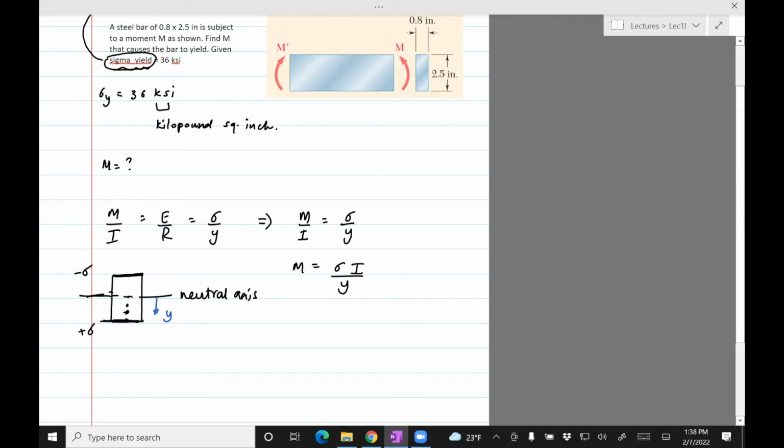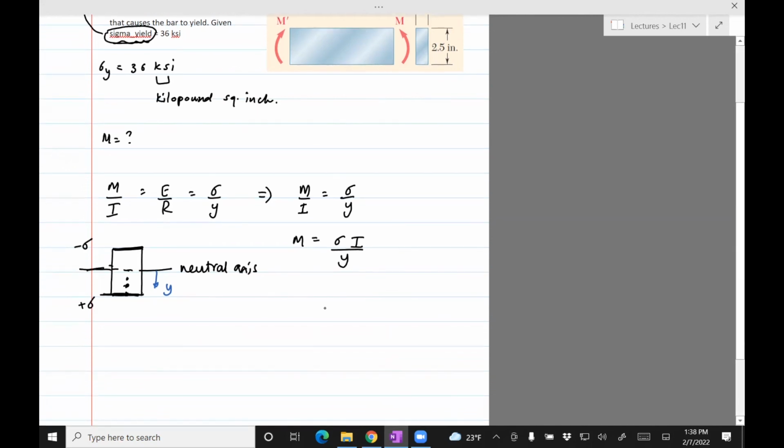Here, since you're not given anything about that property, whether it's the compressive yield strength or the tensile yield strength, we just assume that the tensile strength is the same as the compressive strength, equal to sigma y. And so the top part and the bottom part will fail at the same time. So we'll use that here.